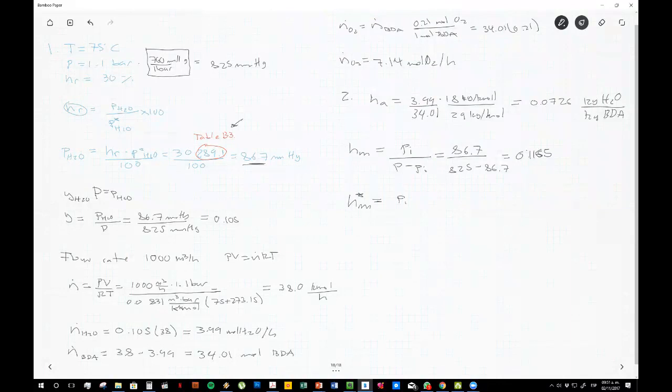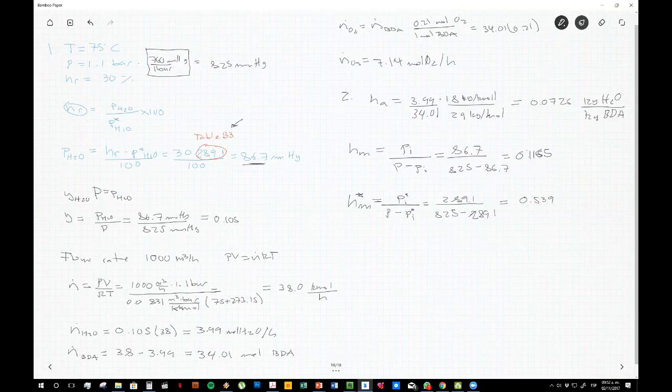It's going to be EI, the vapor pressure, over the total pressure minus the saturation pressure. So in this case, 289.1 divided by the total pressure, that is 825 minus 289.1 again. And that one gives us, I think, 0.539.